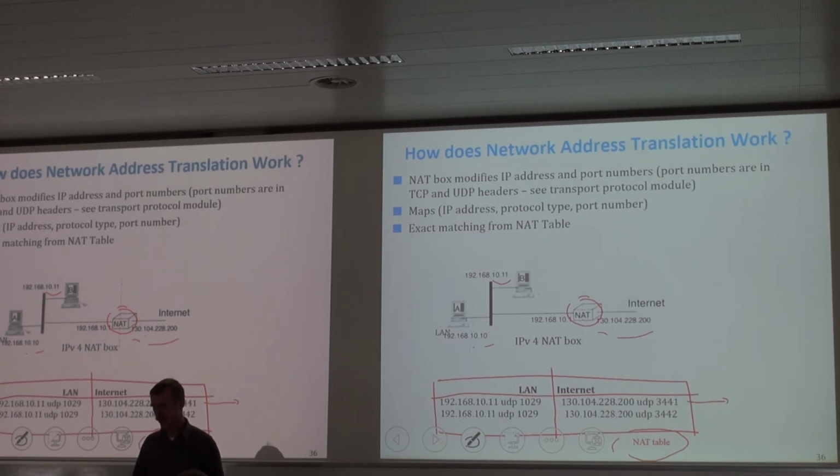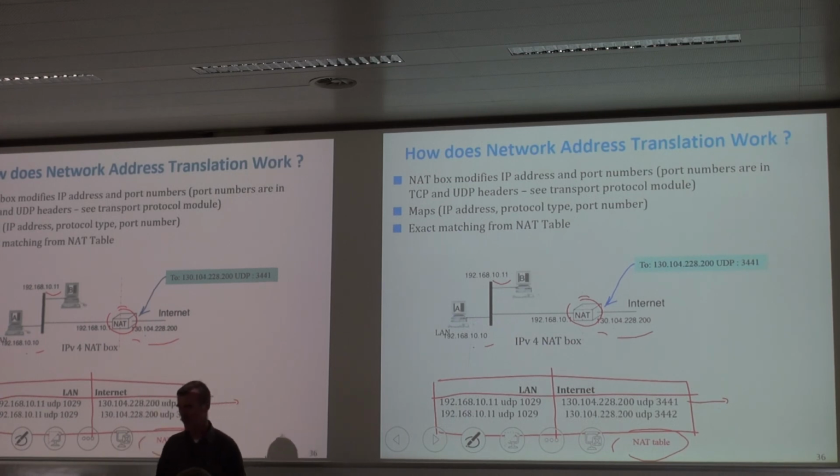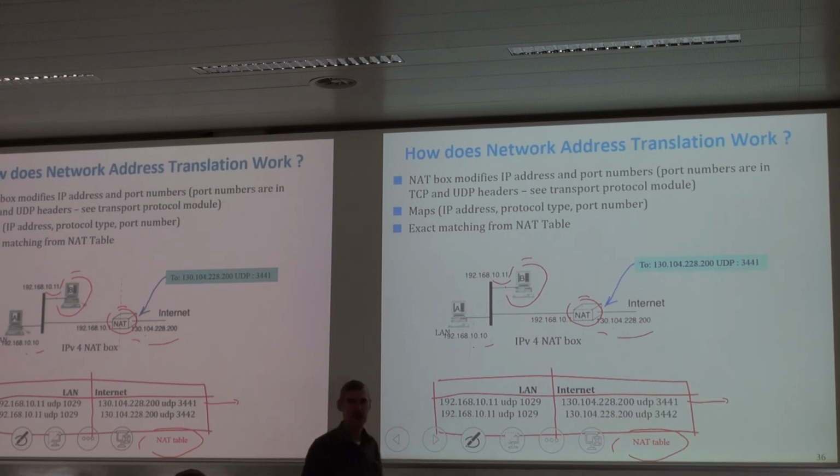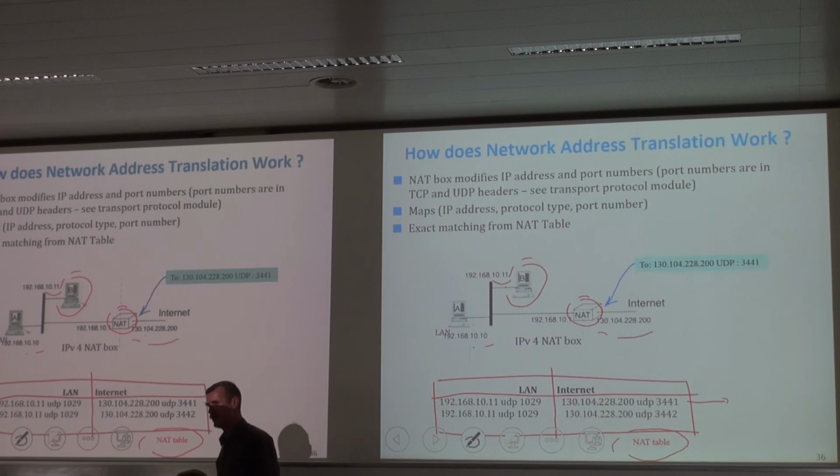Let's talk in a minute how this table is made. But let's see what happens to the packet. Assume this NAT receives a packet to this machine. It is to B. It's a UDP packet. Perhaps it's a DNS reply. B has done a DNS query to a DNS server, and this is the reply.